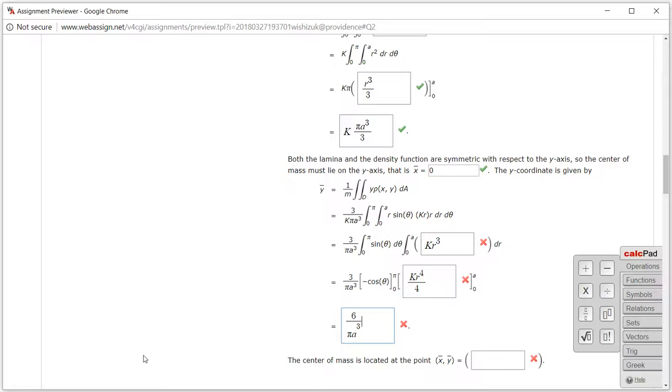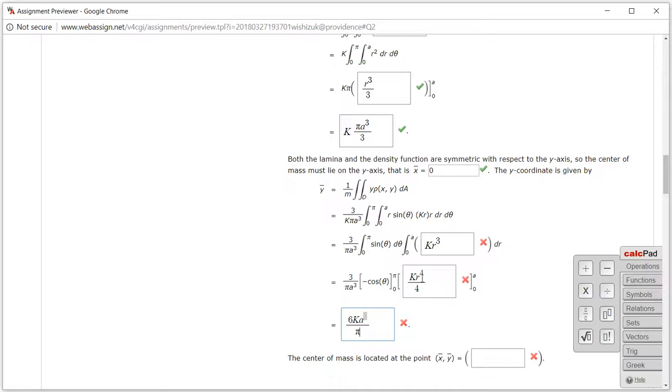Then the next part is we have to plug in a. You would have a k up there, so I'm going to put k. Then we have a to the 4th power. You can see that we can actually do a little bit of cancellation. You cancel that, and you can cancel that one.